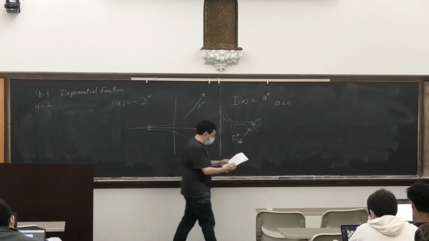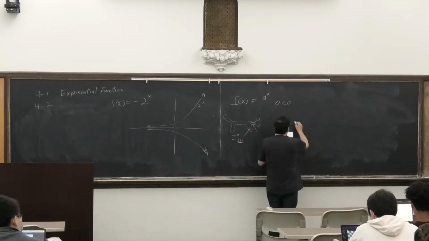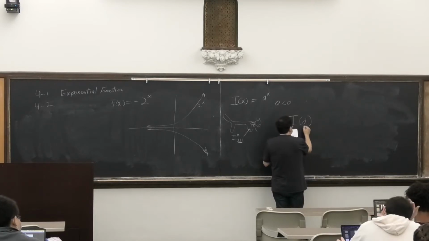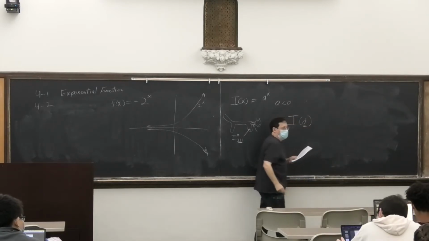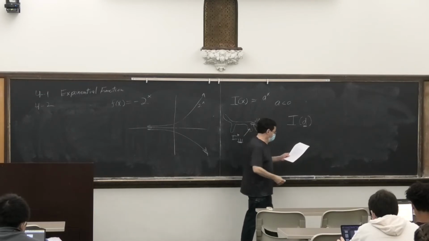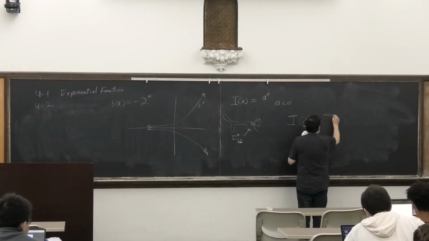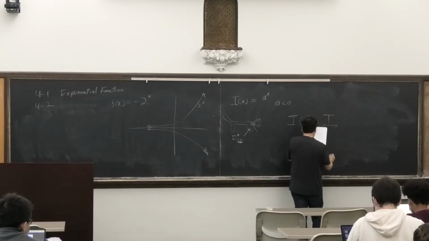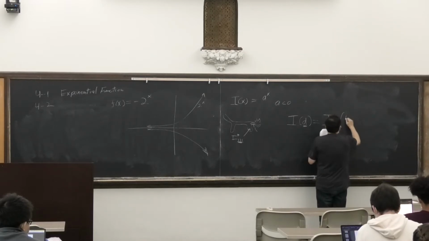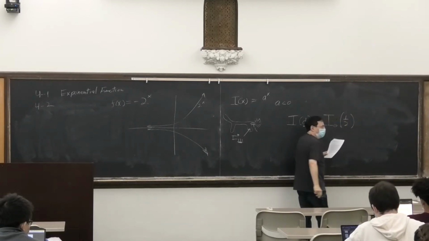So here's the equation. The amount of radioactive iodine by day, we start at day 0, is equal to the starting amount times 1/2. This is what's called a half-life.